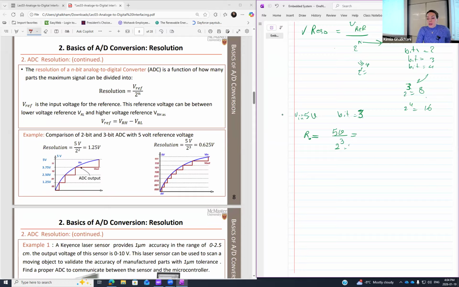Which is 8. So now 5 divided by 8 is gonna give you the first point, which is 0.6 something. And now if you want to draw it, the first one, since it is a 3-bit resolution, means you have like 0, 0, 0. You start from 0, 0, 0. If you start from 0, 0 and this is your 0, 0 point, then whatever you find right in here is gonna be 0.6. Makes sense now? Yes.